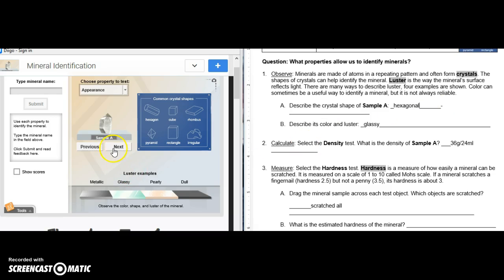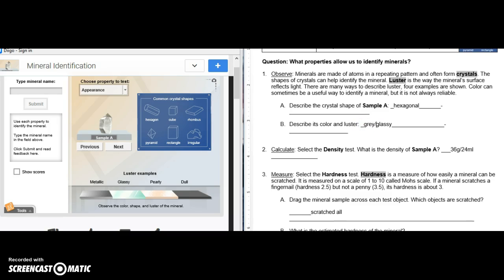And I would say that its appearance is also, if you compare it down, it's not metallic, it's glassy. I wouldn't say it's dull, and I wouldn't say it's pearly. It's kind of grayish white and glassy. Okay, maybe a little gray.